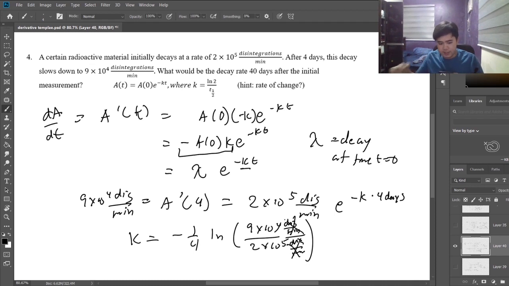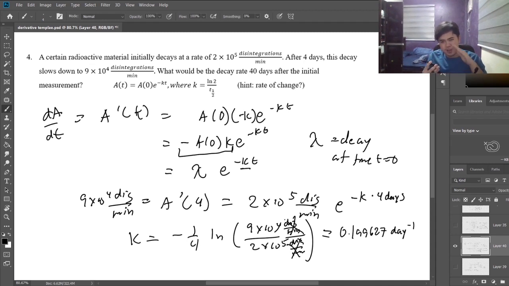So let's find the k for this one. Negative 1 divided by 4 times the natural logarithm of the fraction 9 times 10 to the 4 divided by 2 times 10 to the 5. Our answer is 0.199627 inverse days.